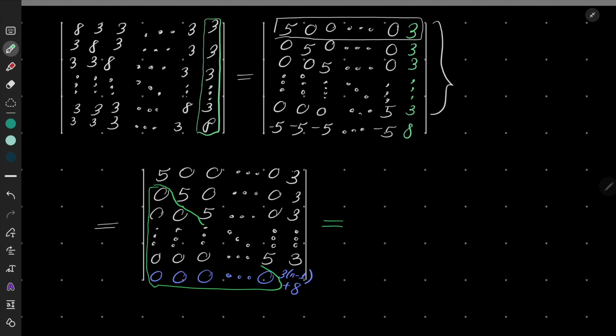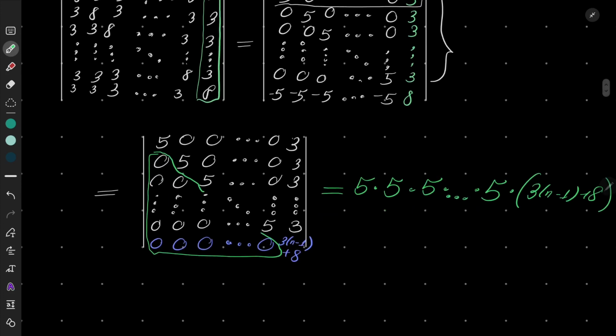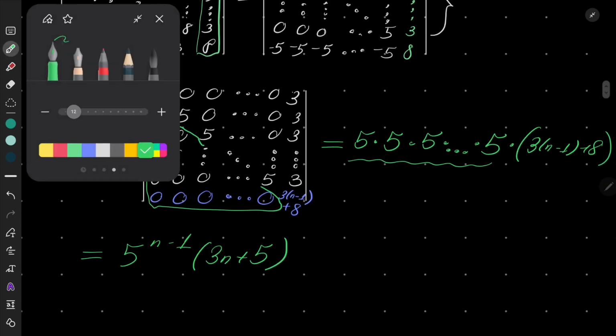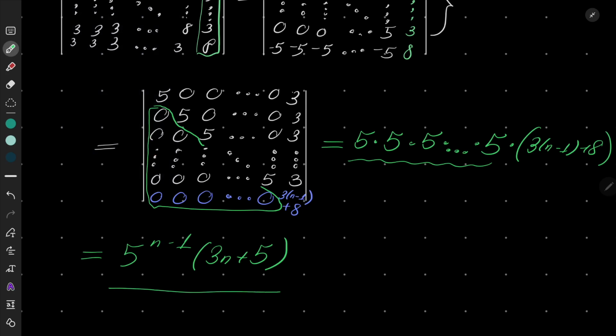So our determinant is 5 times 5 times 5 and so on, times (3(n minus 1) plus 8). How many 5s do we have? n minus 1. So we have 5 to the power of n minus 1. After simplification, the last parenthesis is 3n plus 5. That is our answer, the closed form for our determinant: 5 to the power n minus 1, times (3n plus 5).